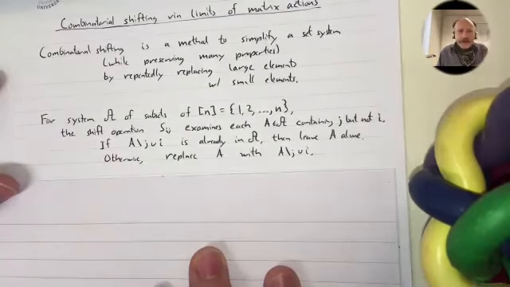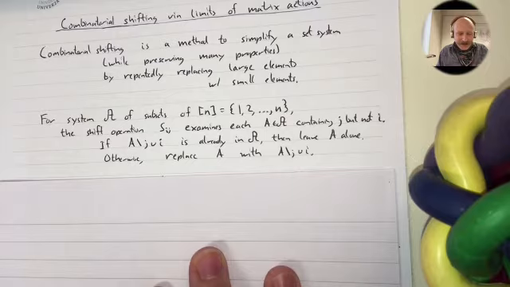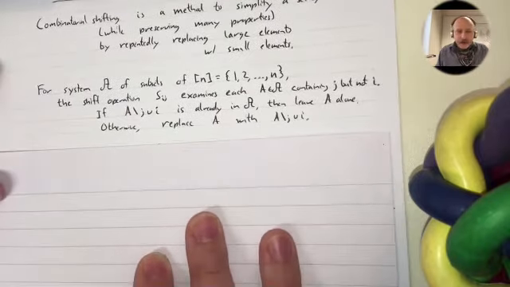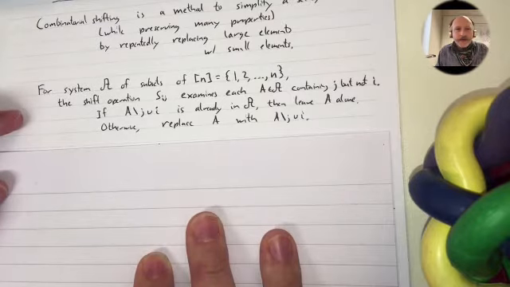So system here is just a synonym for family or collection or set. But as usual, you get tired of saying set of sets, so you use different words. And if you want to make what you're doing sound serious, maybe you call it a system of subsets instead of a family of subsets.